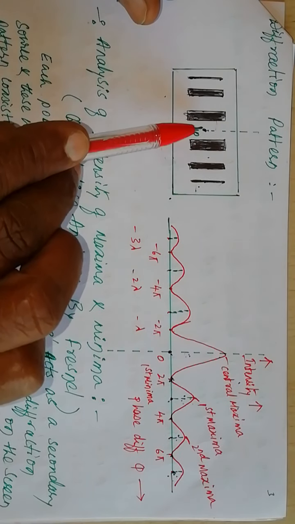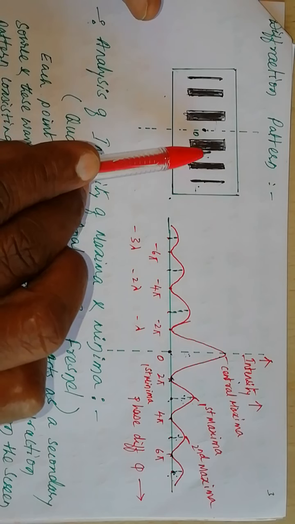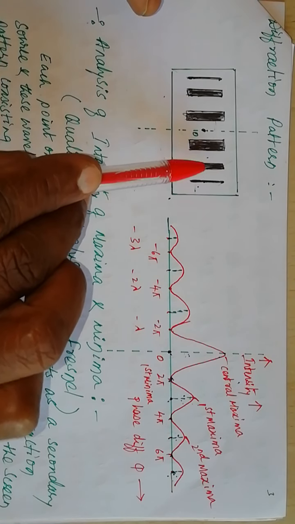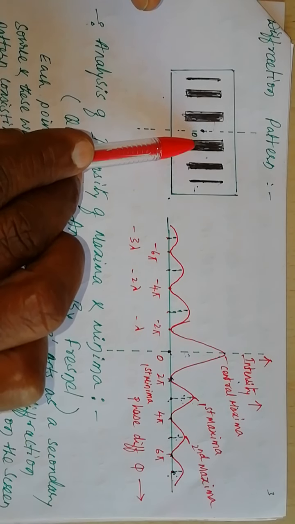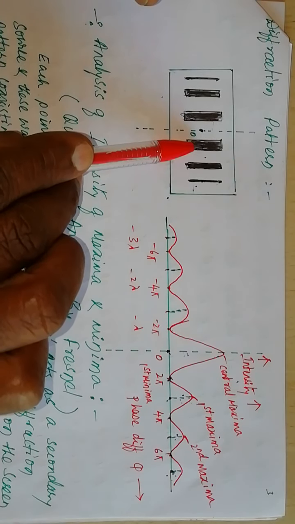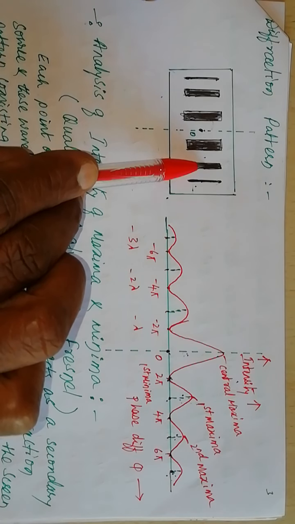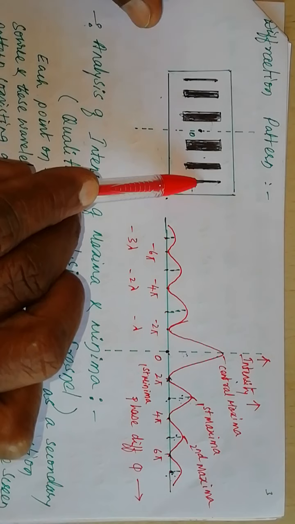The diffraction pattern consists of a central bright band, first secondary maxima, second secondary maxima, and these dark bands are the first minima, second secondary minima, third secondary minima.